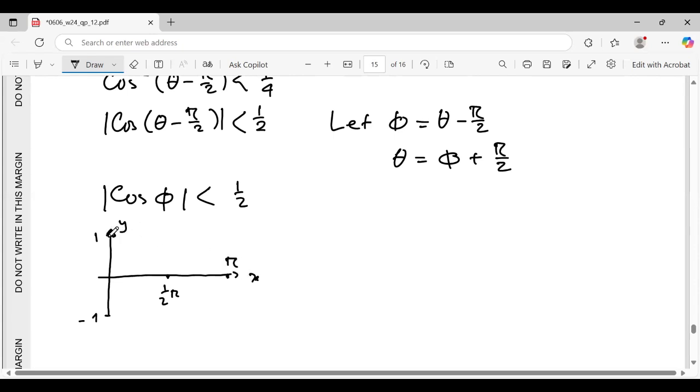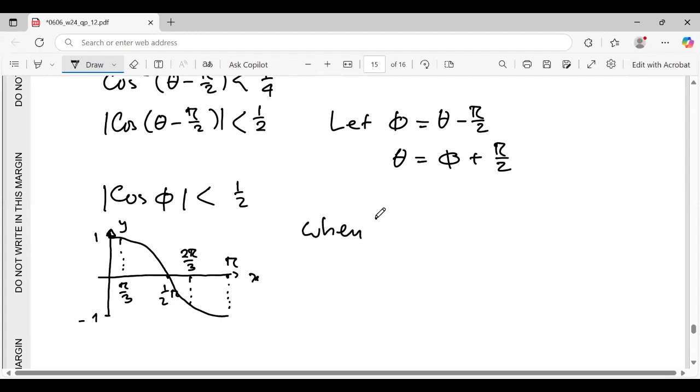So the graph is like this. Here is pi third, and here is 2 pi third. So modulus cosine phi less than 1/2.